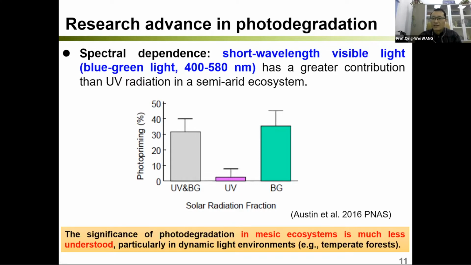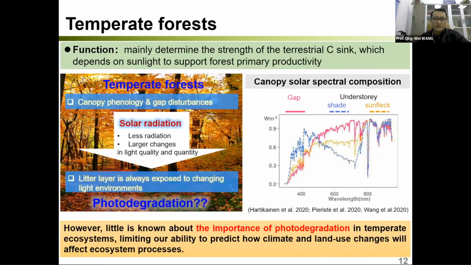As we know, sunlight can be found anywhere on land. However, the significance of photodegradation in mesic ecosystems is much less understood, particularly in dynamic light environments, such as temperate forests.